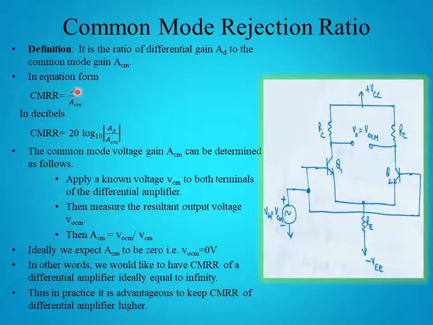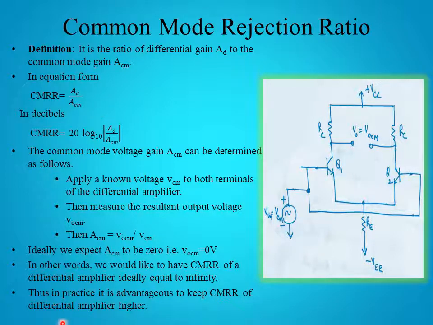But for practical purposes, we know VOCM is not equal to 0. It can be near 0, but it is not entirely 0. So ACM will not be completely 0, and if ACM is not completely 0, then CMRR can have a high value, but it cannot be infinity.